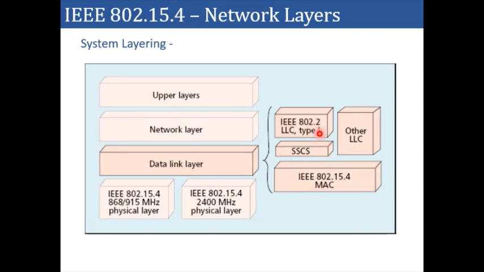These are the sublayers which are implemented as part of 802.15.4 for the data link layer. Other than 802.2 LLC type 1, we can also have some proprietary LLCs, where they will communicate with the MAC sublayer and share data to the upper layers, that is the network layer or maybe the application layer.